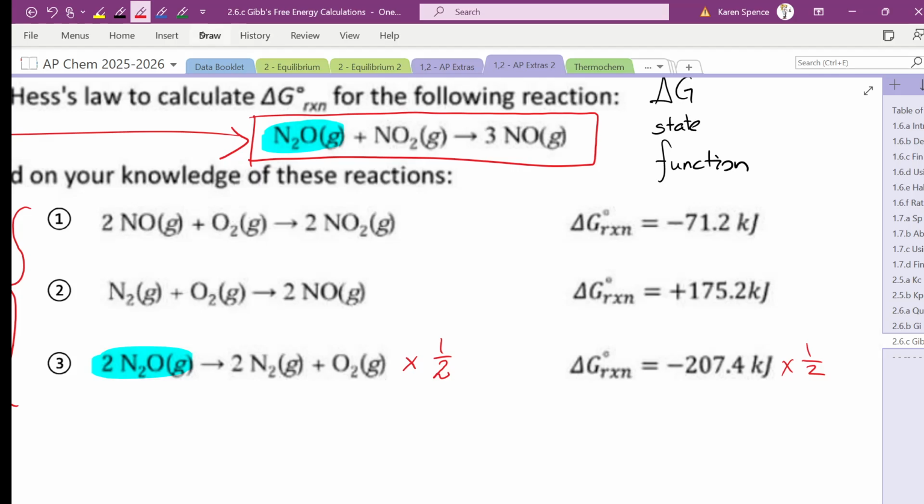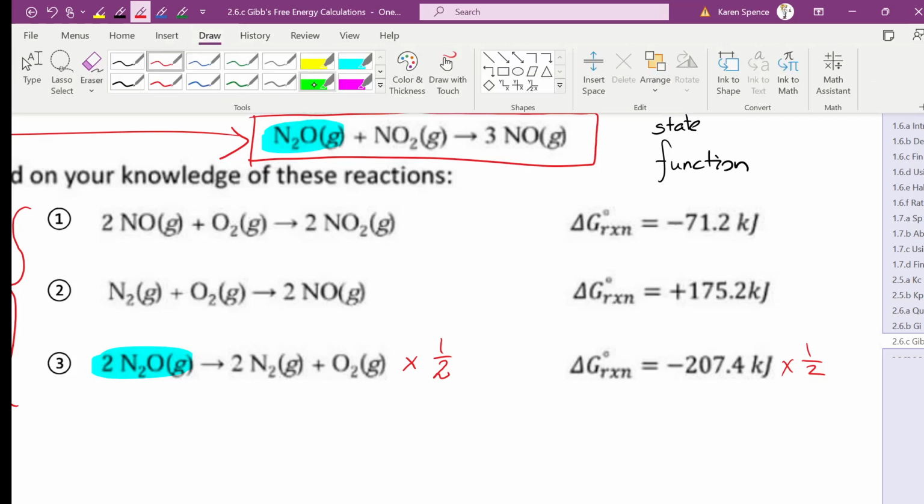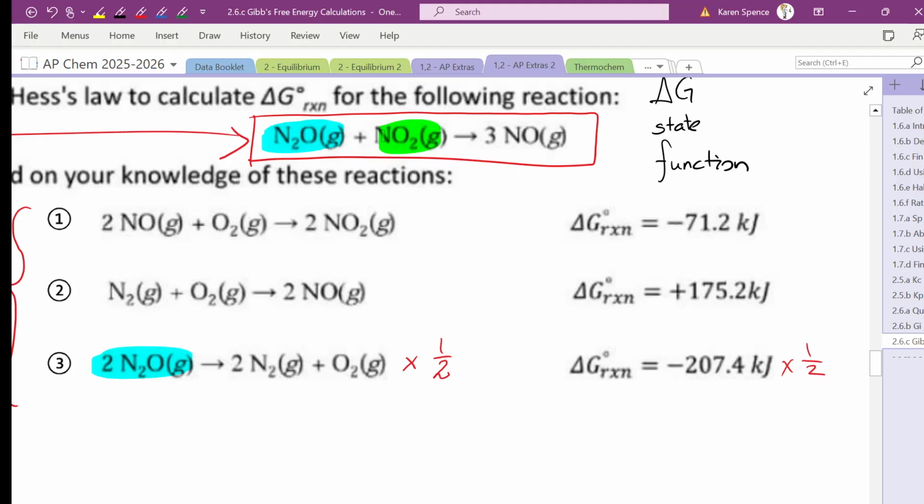Okay, so we got some NO2 on that first one, and we got some NO2 here. Now with this one, we have two problems. What's our first problem? Yeah, we have too many and it's the wrong way.